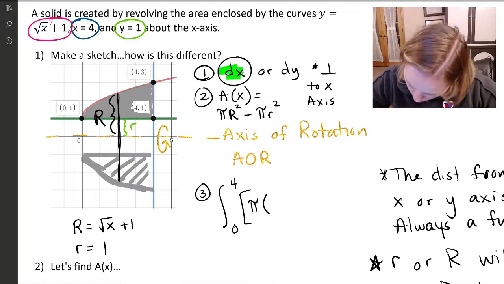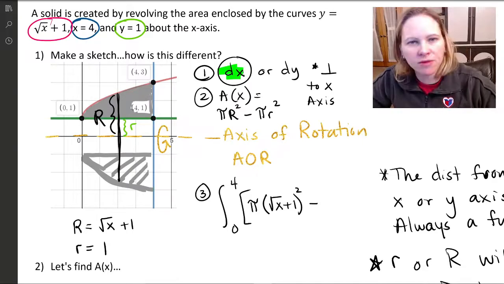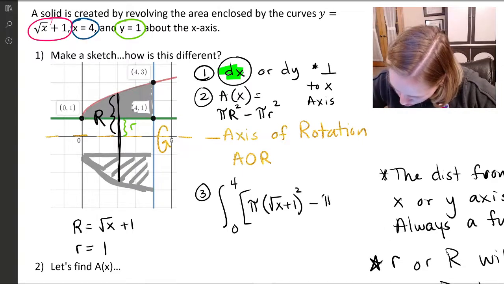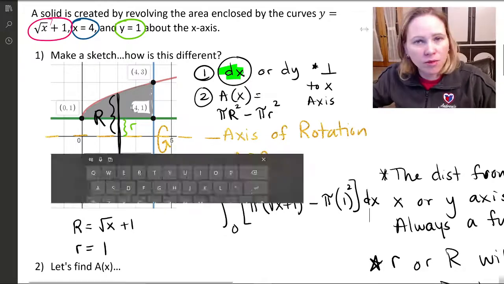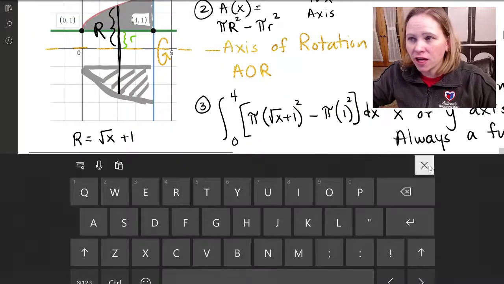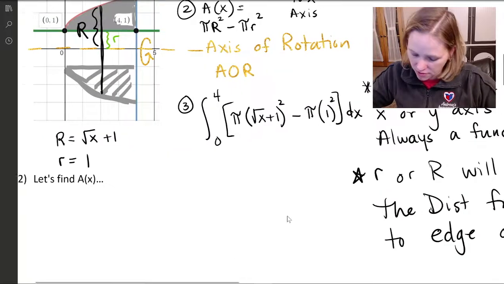It delineates what's going on here. So big R is square root of x plus 1, squared. And then I'm going to cut out the inner circle. So pi, and then little r squared. That's my setup.